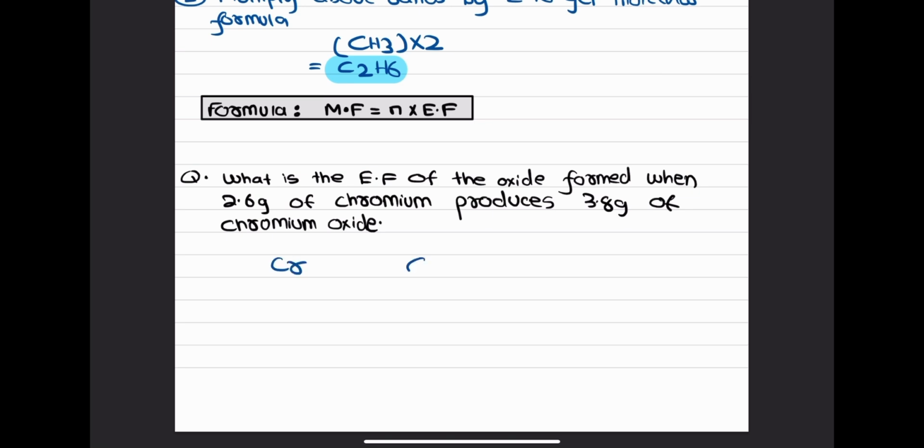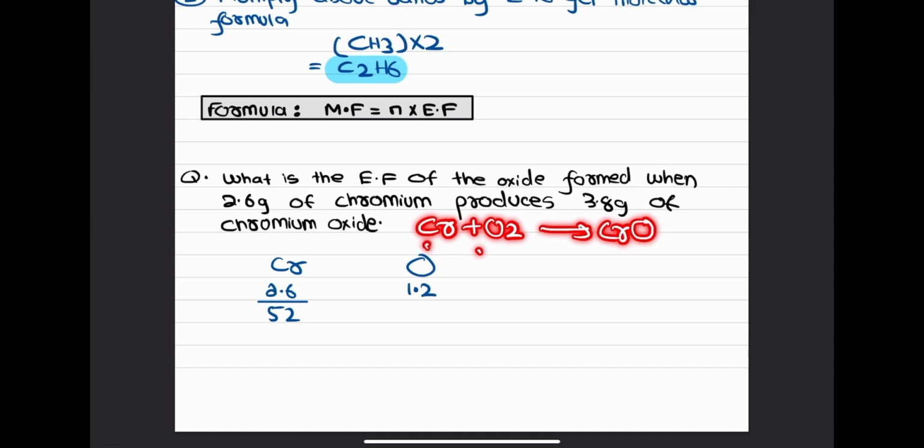You will write Cr, O. You will divide 2.6 by the atomic mass of chromium, which is 52, and you will divide oxygen mass. Now, see, what is the empirical formula of the oxide formed when 2.6 gram of chromium produces 3.8 gram chromium oxide? Obviously, when chromium reacts with oxygen, it produces chromium oxide, right?